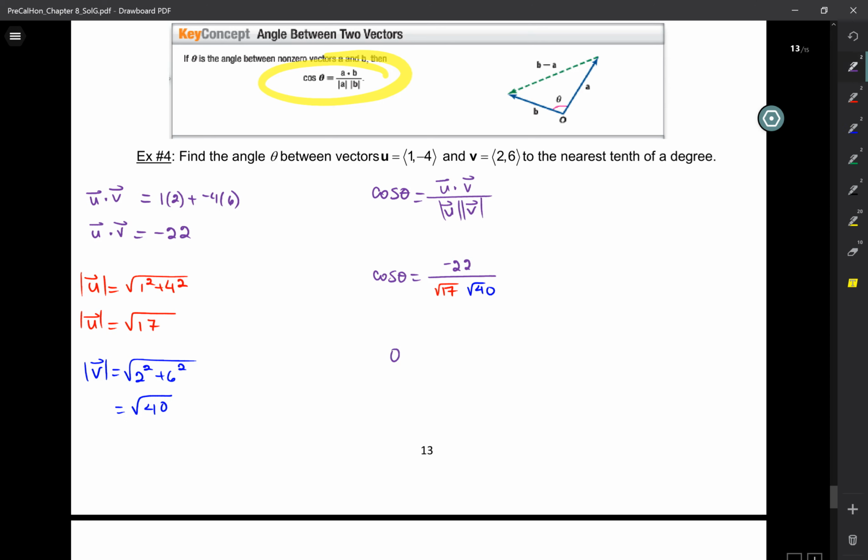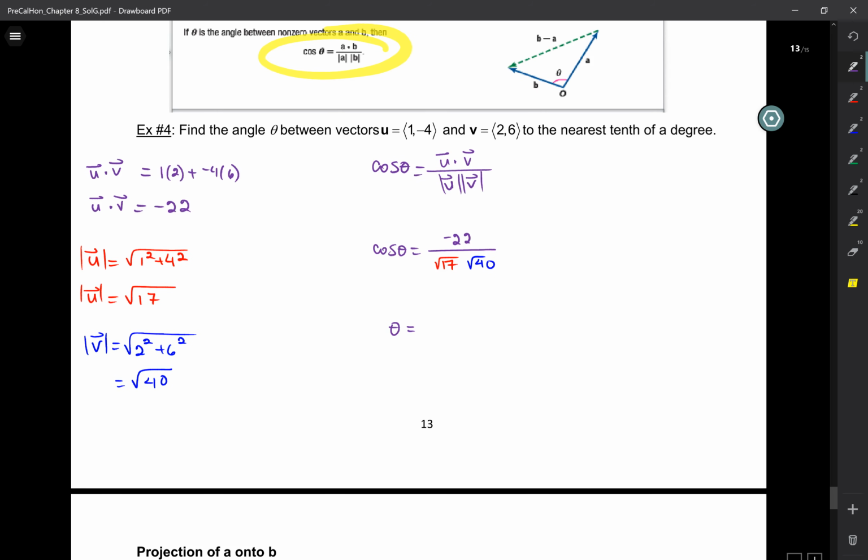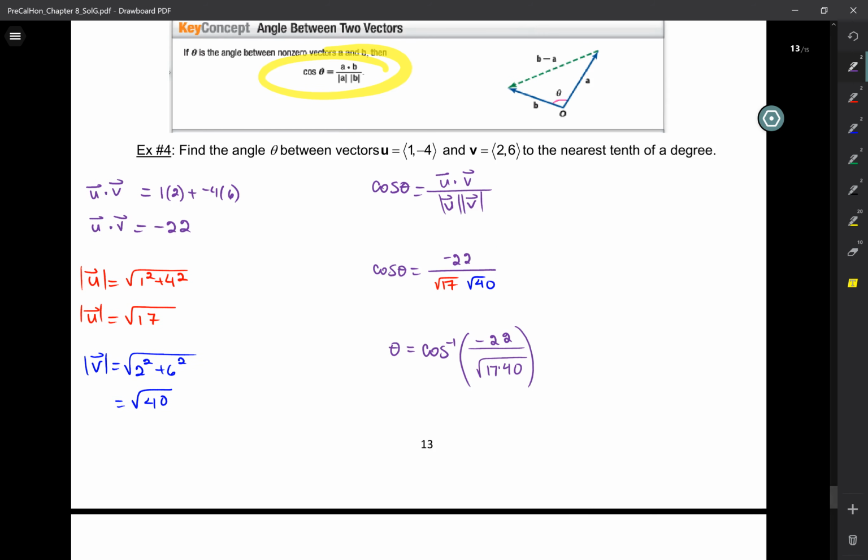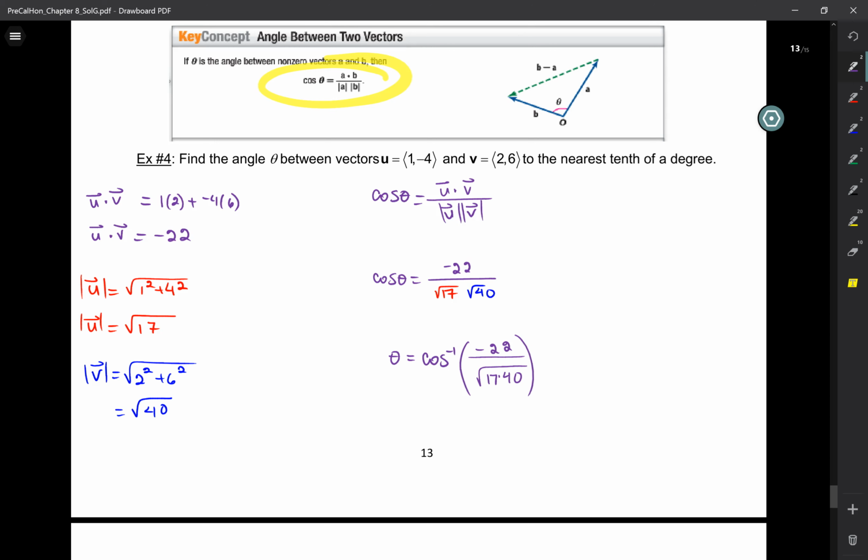So theta is inverse cosine of negative 22 over the square root of 17 times 40. Let's plug that in. We're going to be in degree mode. So theta is 147.5 degrees. It's got to be in degree mode.